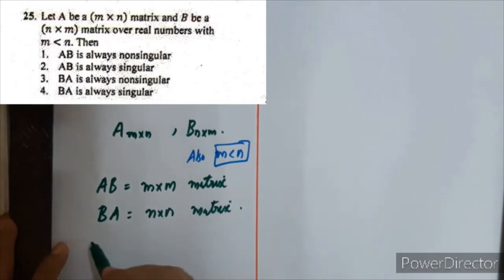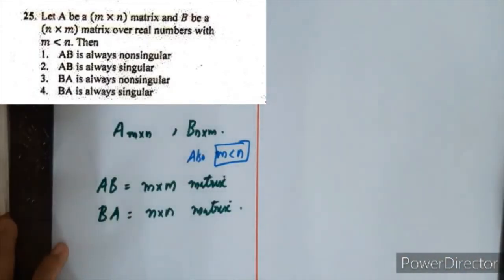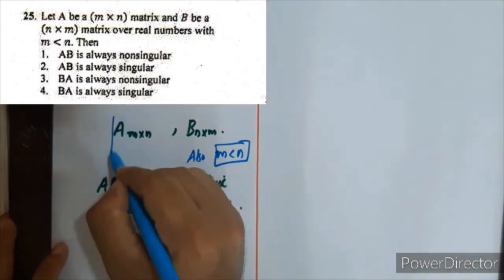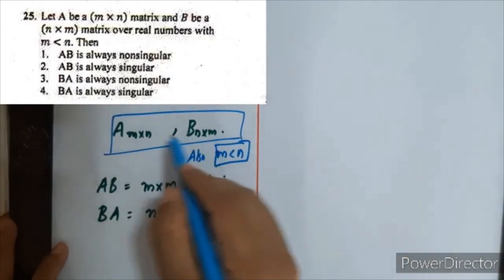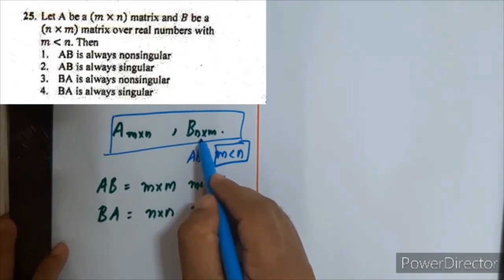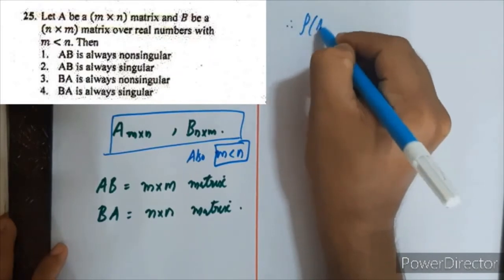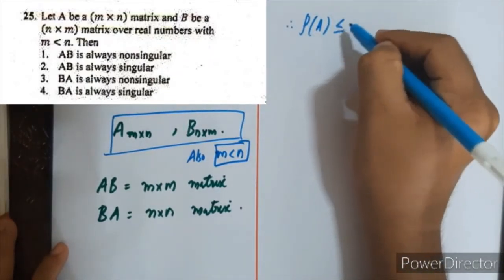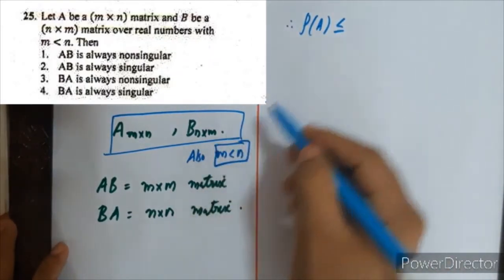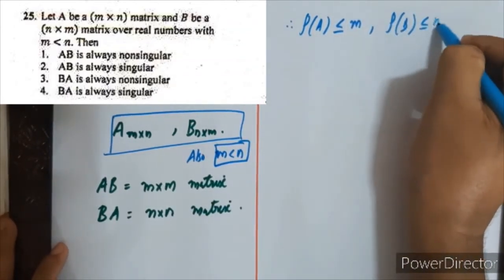Now since A is an m by n matrix and B is an n by m matrix, therefore we know that rank of A is always less than or equal to m, which is less than n. And rank of B is always less than or equal to m.